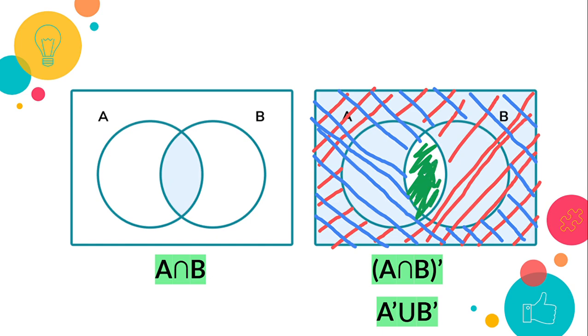So this is the only region that was left unshaded a while ago. So it means that everything outside of the intersection of sets A and B is a part of its complement. And so A complement union B complement is in fact equivalent to this expression.